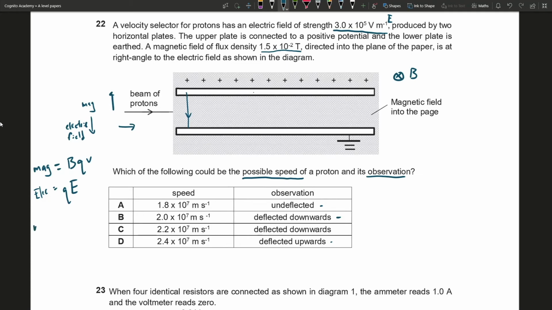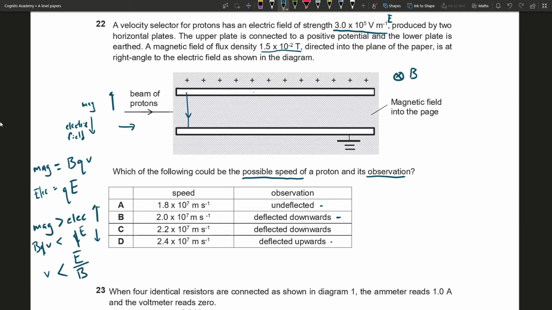If our magnetic force is greater than our electric force, it will deflect upwards, and if the magnetic force is less than electric, it will deflect downwards. So let's write BQV less than QE. We can conveniently cancel out Q on both sides, and then rearrange to get V less than E over B.